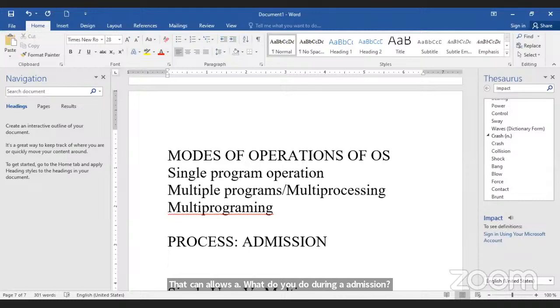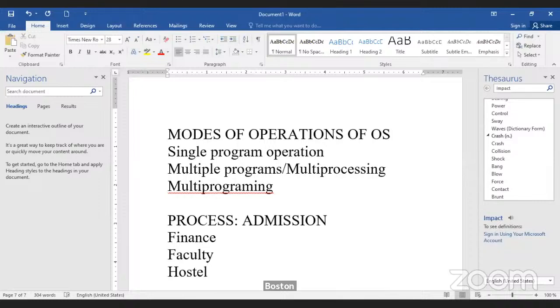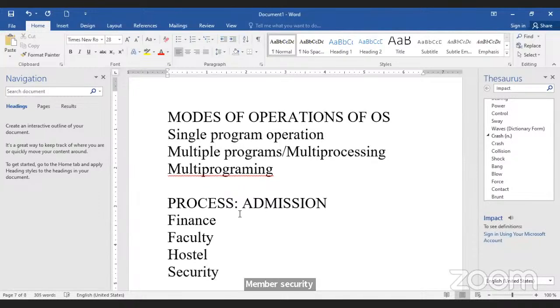What do you do during admission? You start with finance. Then maybe faculty, hostel, maybe security, maybe medical.